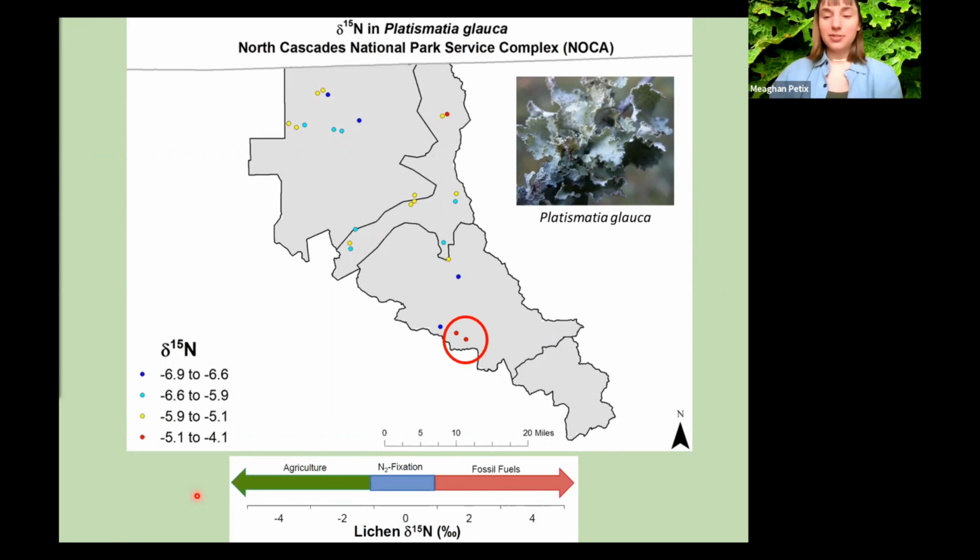There are some considerations that you have to account for with that. One of which is those specimens weren't originally collected with the intention of doing any kind of elemental analysis on them. So they didn't have the same kind of sterile collection techniques that we use with the US Forest Service protocol that a lot of you are familiar with. So wearing gloves, avoiding any contamination of that kind.